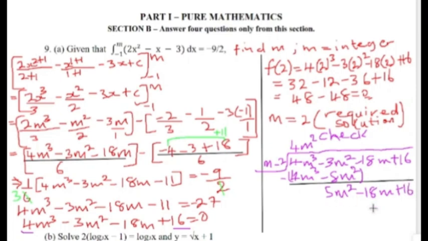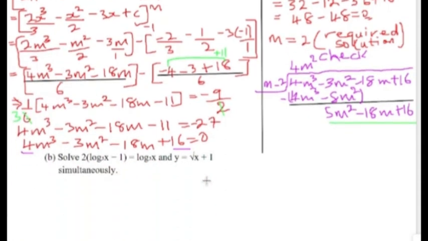This is a quadratic expression which we test for the possibility that it is factorizable. A quick check on this quadratic, we quickly find that this is not factorizable, which lays validity to our initial solution that the only integer solution for this question is 2. So therefore, m equals 2 is the required solution.